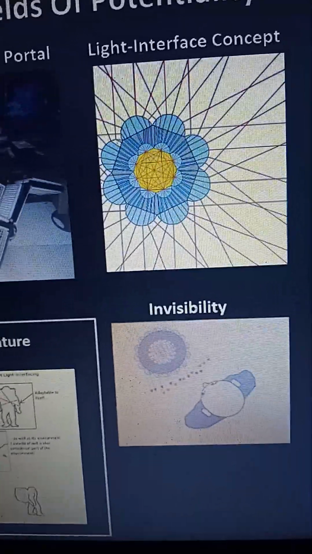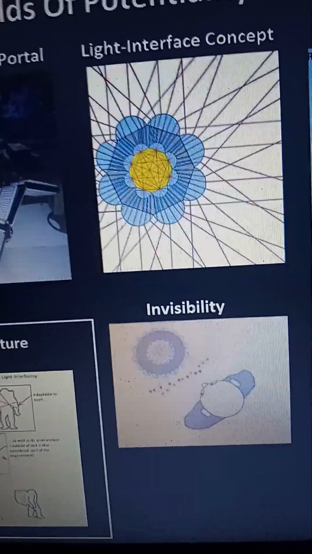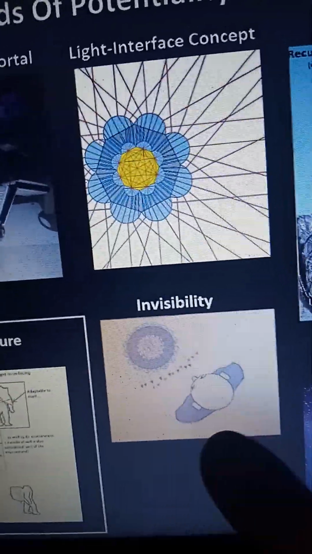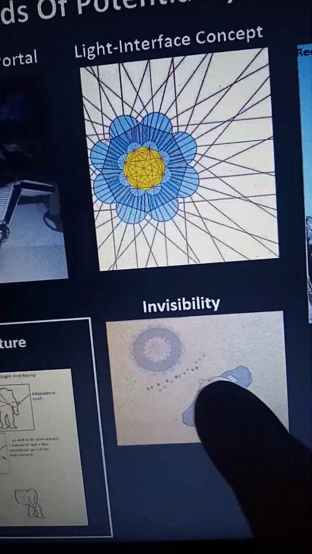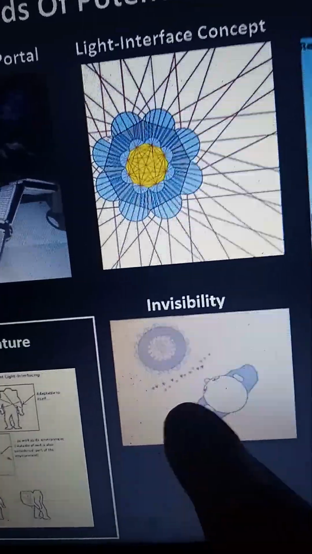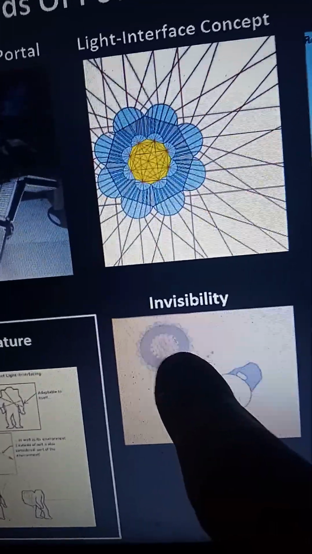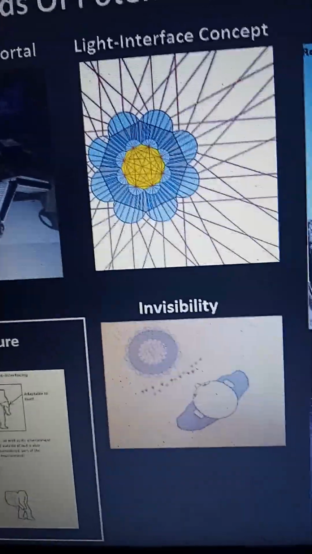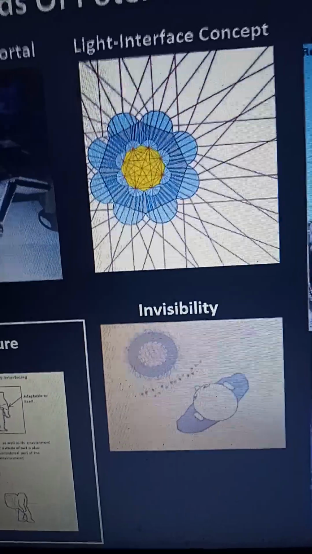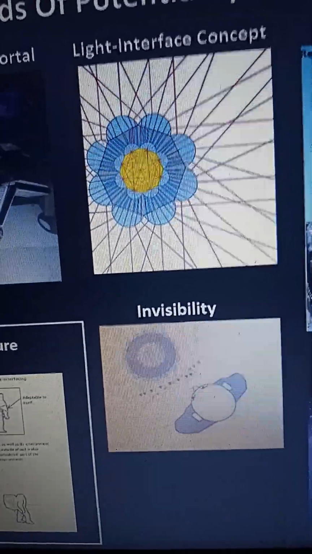Not really the intangibility of things, but the visibility and invisibility. Invisibility on the outside, invisibility in the form of a holodeck on the inside. So that's a basic light interface concept.